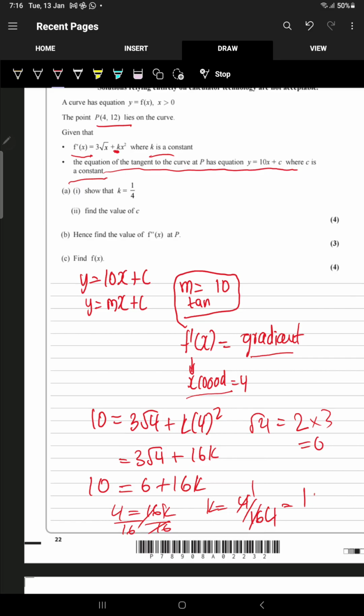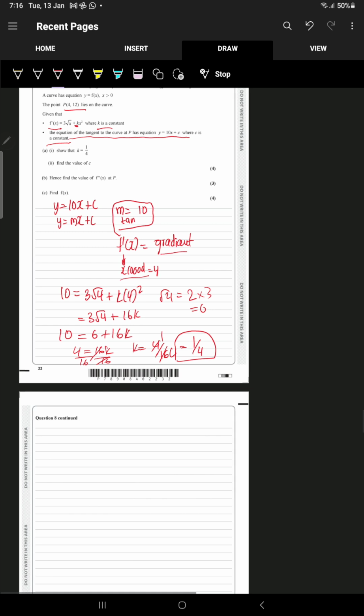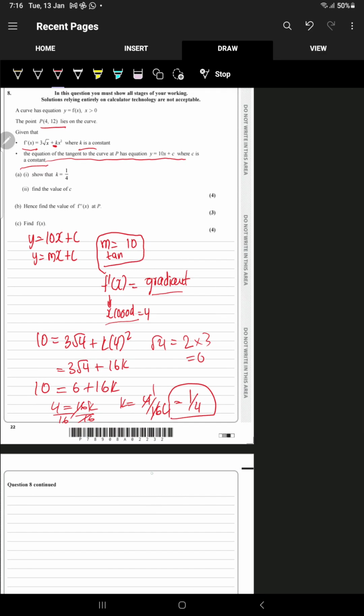All right, now we have to find the value of c. That's easy. Point P lies on the curve, so basically we have to substitute these x and y coordinates to find the value of c.